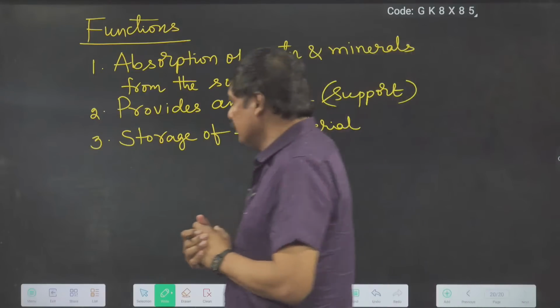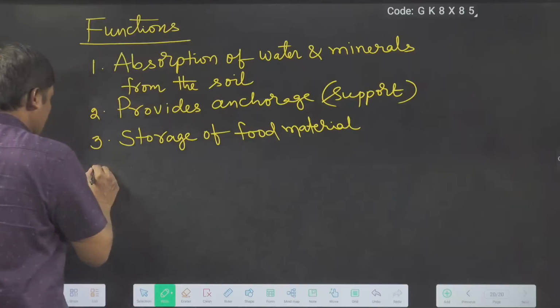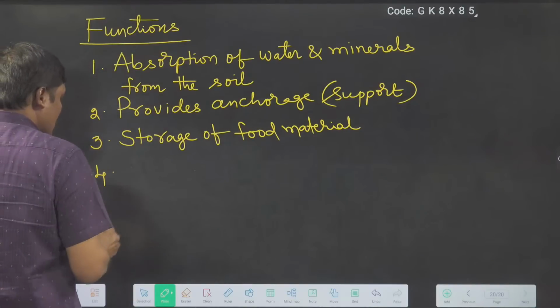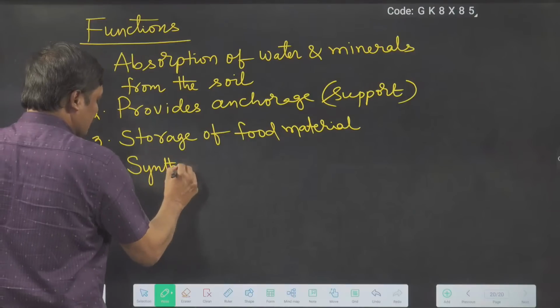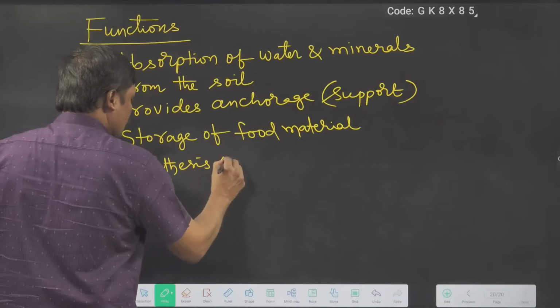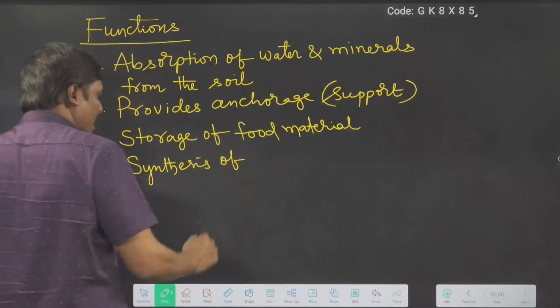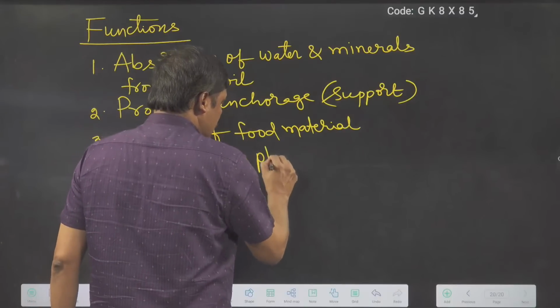And finally, root system synthesizes plant growth regulators.